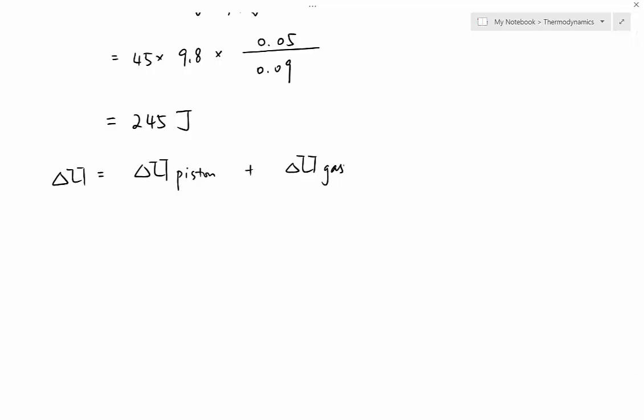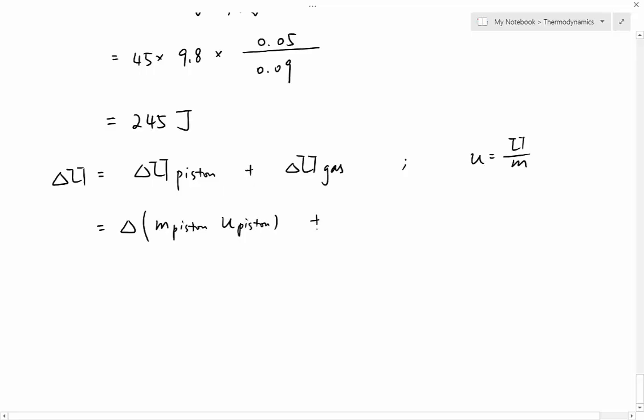Let's recall lowercase u is equal to capital U over m. So the first one can be rewritten to mass of the piston multiplied by u of the piston. The second one can be rewritten to mass of the gas multiplied by lowercase u of the gas.